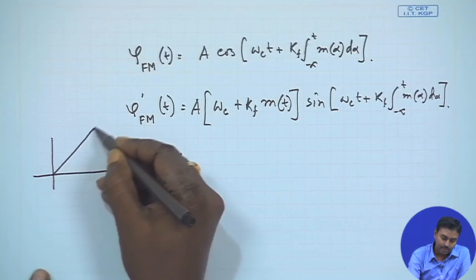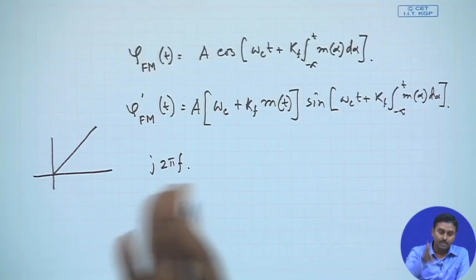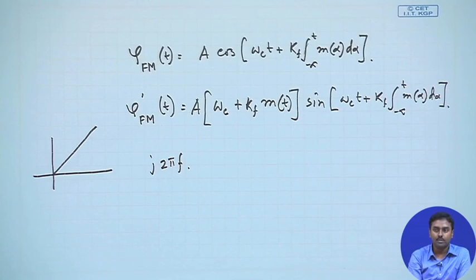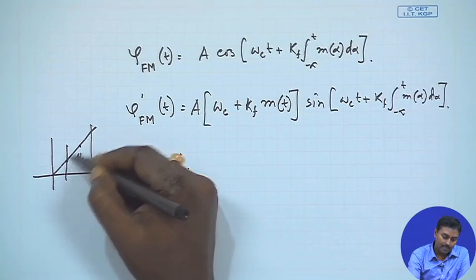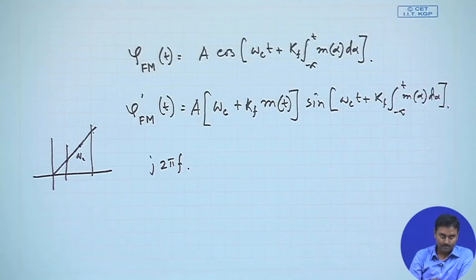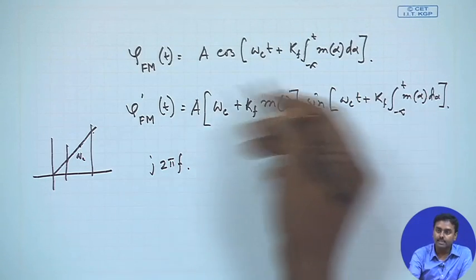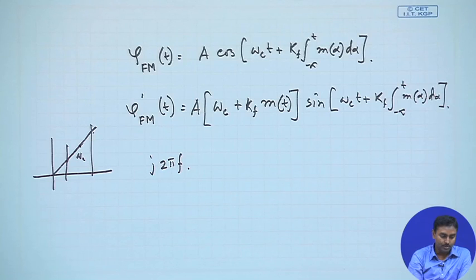An ideal differentiator is something like this; considering the amplitude part, it is a linear function of f. If my omega c is somewhere over here and it remains linear over there, meaning it is an ideal differentiator, I should expect something like this as the output.